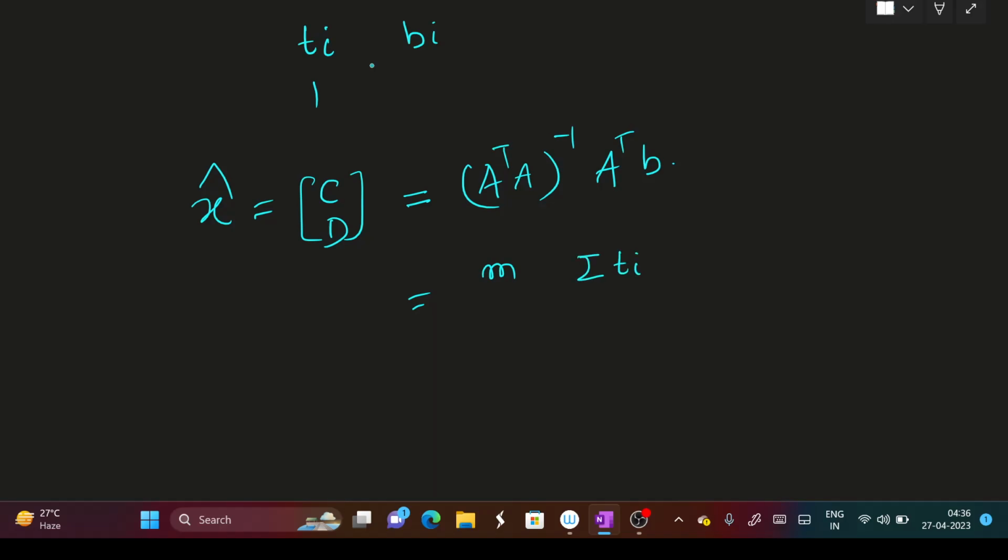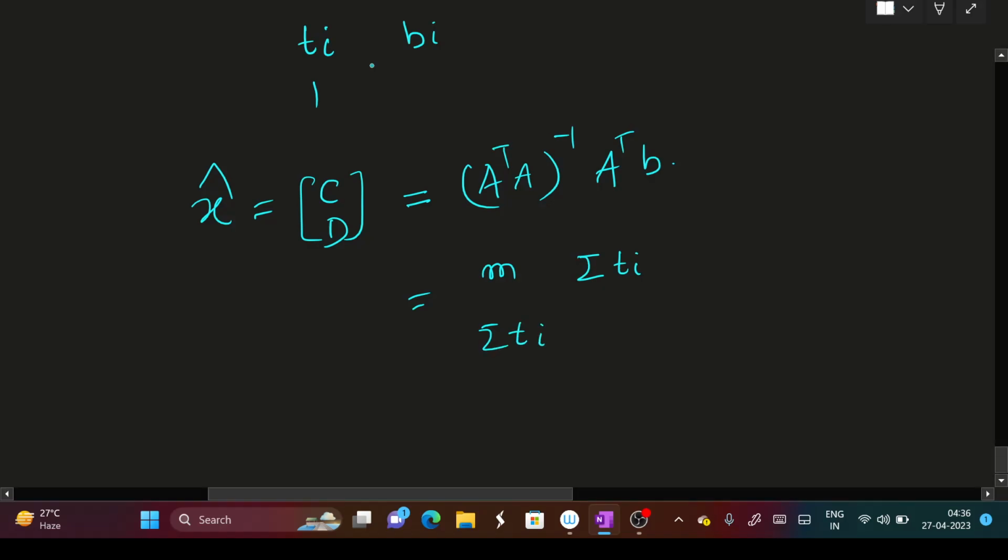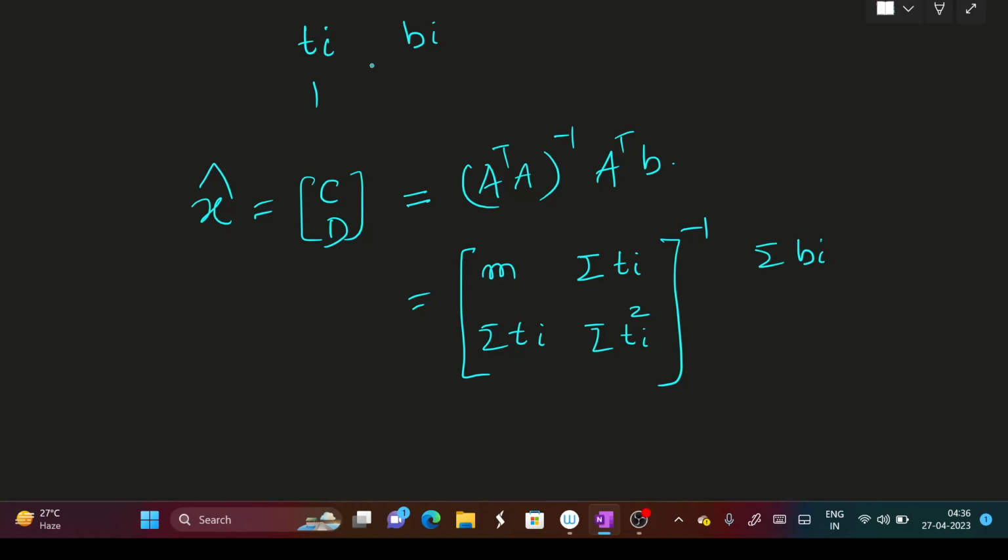So this is the matrix with m, sum over Ti, sum over Ti, sum over Ti square, whole inverse, times sum over Bi, sum over Ti Bi. Directly in this formula we can put the data and we can get our answer. We need not write much.